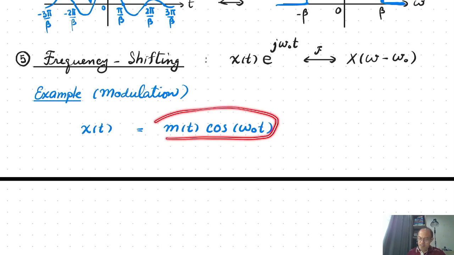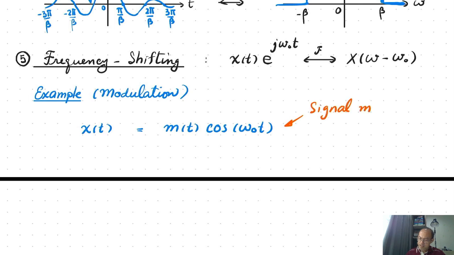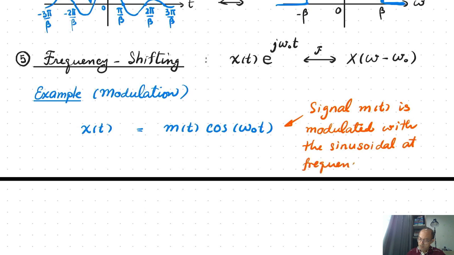Whenever you see this signal, we say that the signal m of t is modulated with the sinusoid at frequency omega 0.